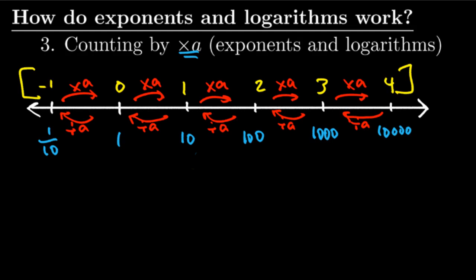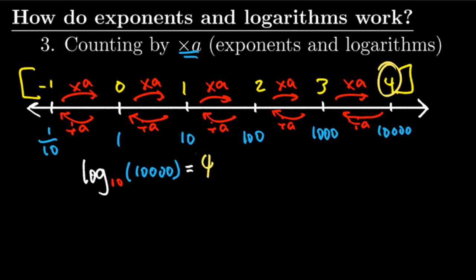If we look at it like this, we can ask ourselves the question, if we're counting with a times 10 type of way, then how are we going to get, let's say, 10,000? What step do we need in order to get to here? If we look at this, it's pretty clear that that's going to be 4.